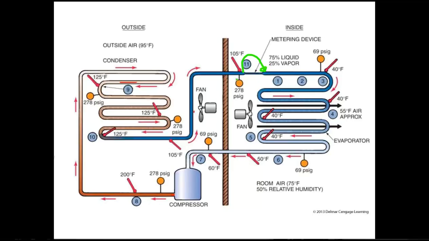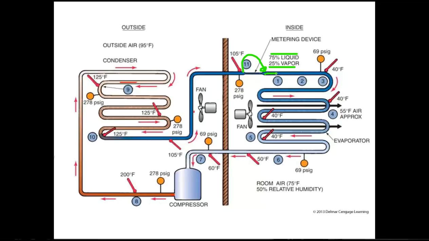Now, our gas laws tell us when we reduce pressure, we also reduce temperature. So at this point in the refrigeration process, after the liquid refrigerant has passed through the metering device, the refrigerant itself is 25% vapor and 75% liquid. And remember, that puts it right from liquid directly into its saturation point, because saturation is when we have both liquid and vapor present. So we now have saturated refrigerant at our indoor coil.